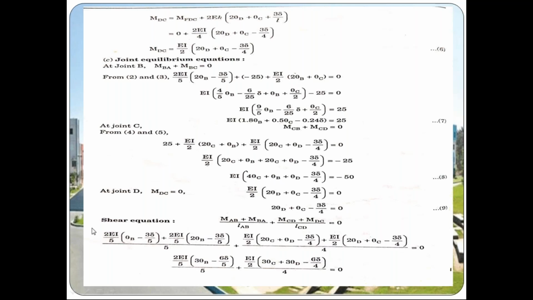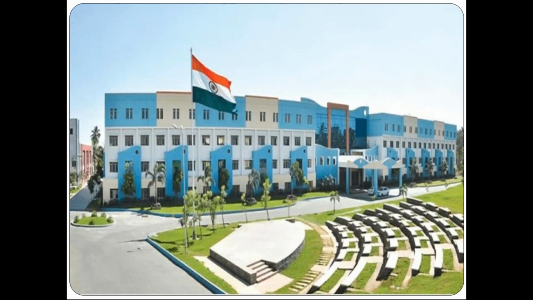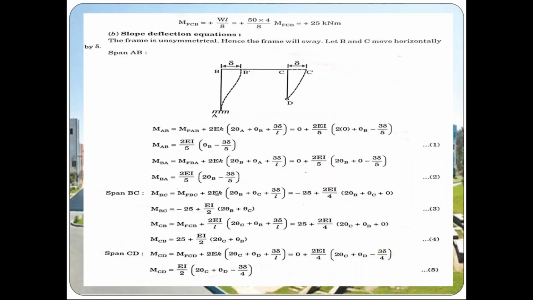For this case, the general formula for the shear equation is, for span AB, (MAB plus MBA) divided by L1, where L1 is the span length of AB, plus, for the span CD, only MCD will come.